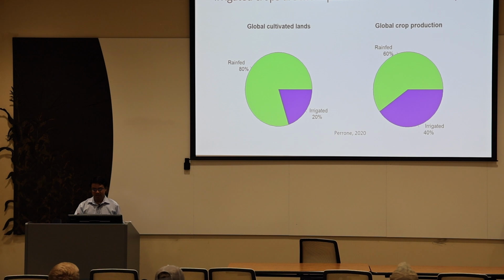But the amount of food produced from irrigated agriculture is twice its footprint, right? It's only 20% of agricultural land that is irrigated, but it accounts for 40% of total food. So it's more productive. That is why more cultivated area needs to be irrigated to increase production to meet that food demand, right?